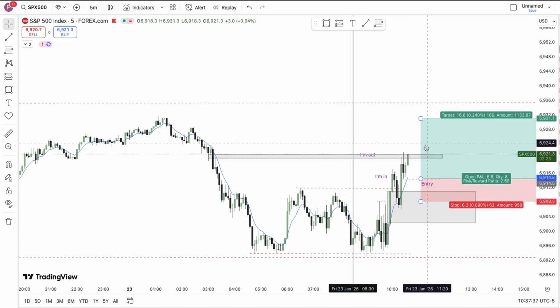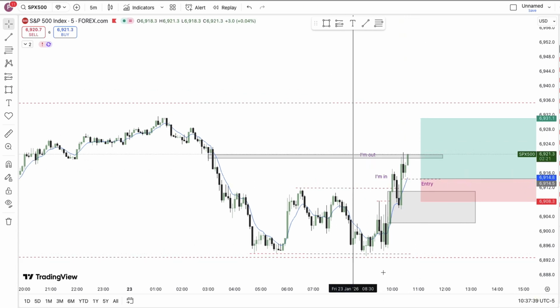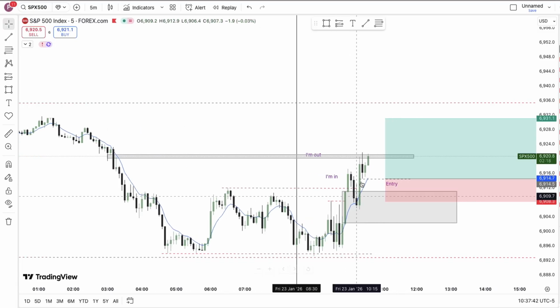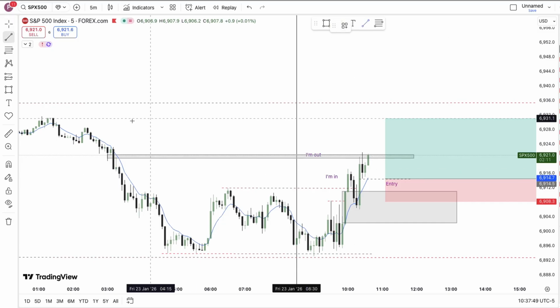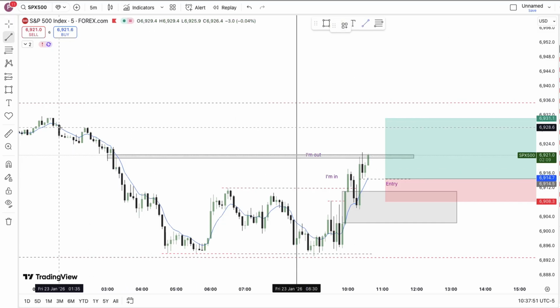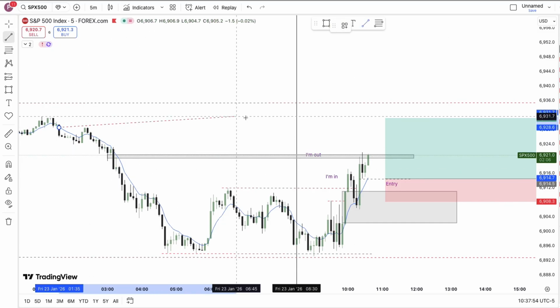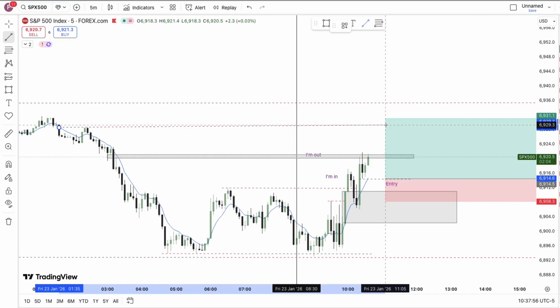Yeah, that's what I'm talking about. Let's go. There's this level here, which would be this equal level here, which can be a low resistance to price breaking through.